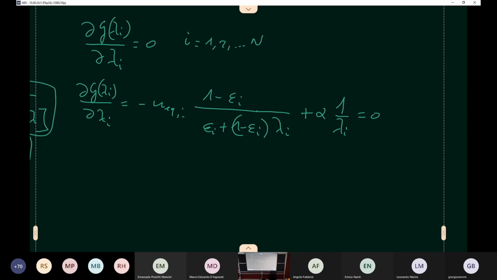And this is, of course, a set of equations, n equations, one for each subrocket. So at this point we can solve.